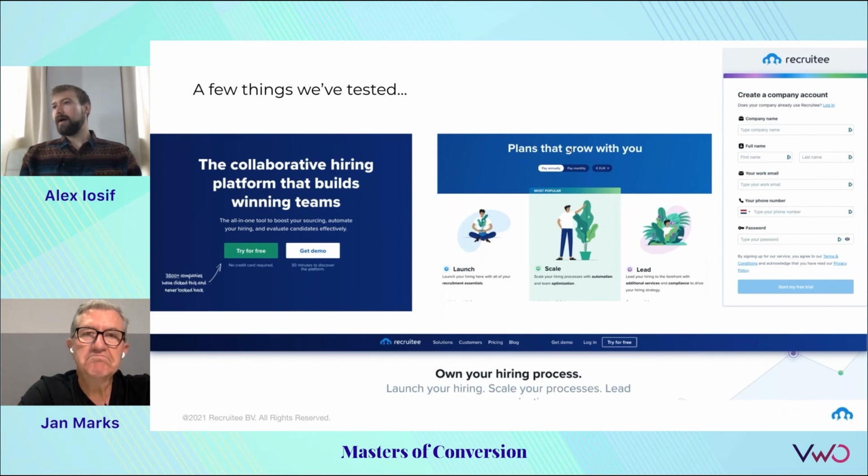We usually test on 3 main pages on which we have traffic. So this being the home page, the pricing page, and the form, the checkout. Other things we have tested: we've tested illustrations that got us, I believe, plus 10% more trial clicks on the pricing page.